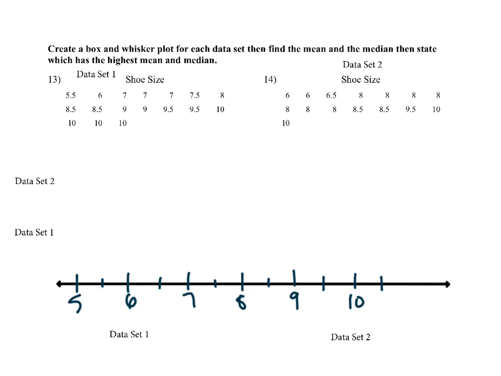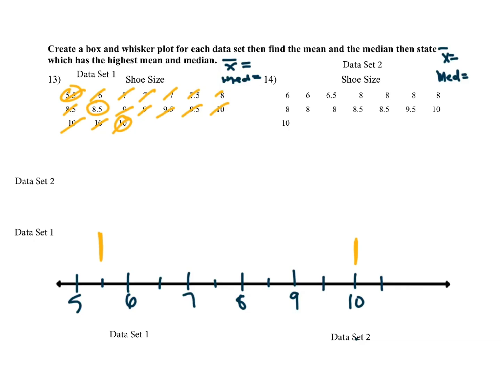All right. So we want the mean and the median, right? Remember, in order to get the box and whisker, we do have to have the median, don't we? Because we do the low, 5.5, and we do the high, and we do the median. So there's our median, so 8.5.